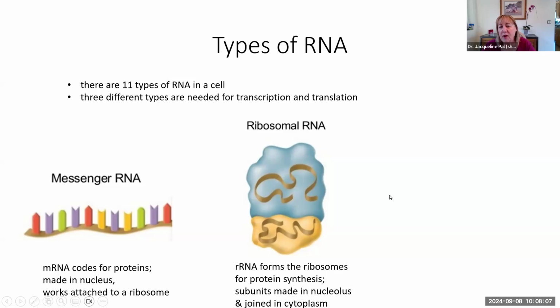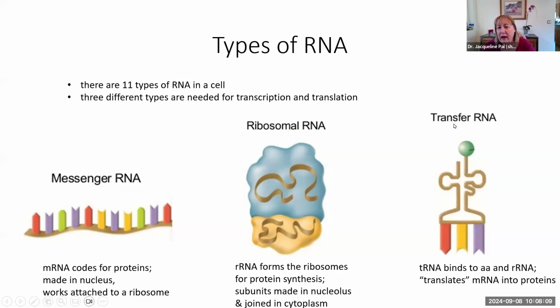And the third type of RNA is called transfer RNA, because basically it's transferring other things to this complex of ribosomal RNA with messenger RNA. Okay. So when messenger RNA is attached to a ribosome, then transfer RNA is going to be bringing an amino acid, which is this little green ball at this one. The transfer RNA is this cloverleaf structure right here.